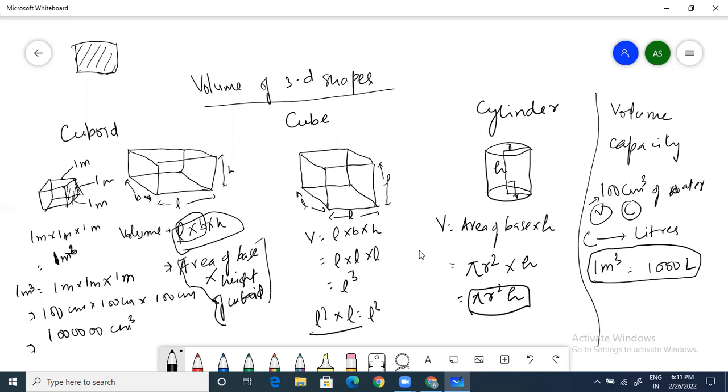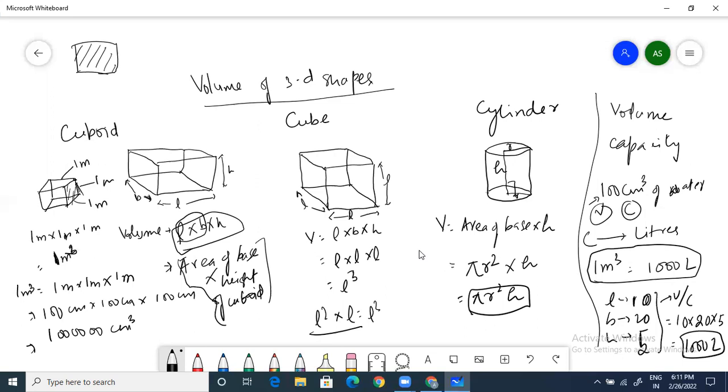For example, if your length is 10, your breadth is 20, and the height of this tank is 5, then tell me the volume or the capacity in this case. Both would be equal to 10 into 20 into 5, which will be equal to 1000.